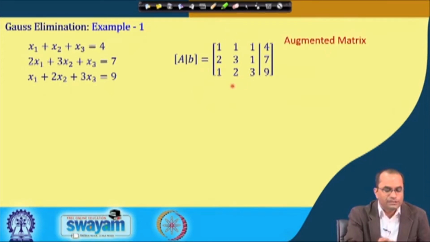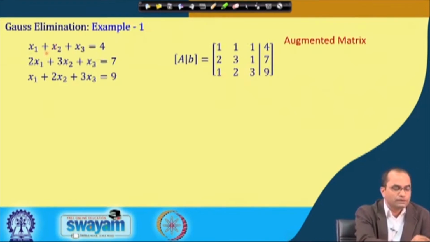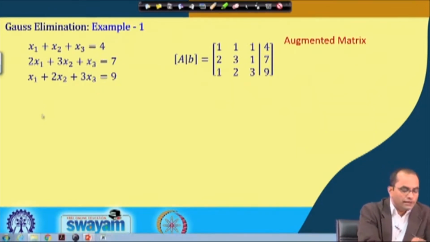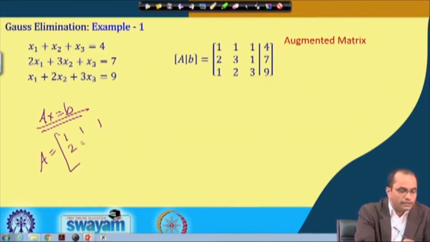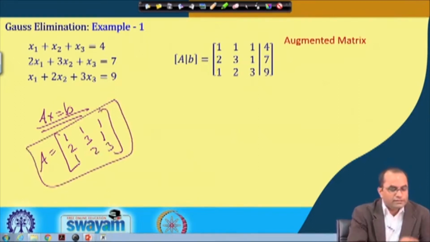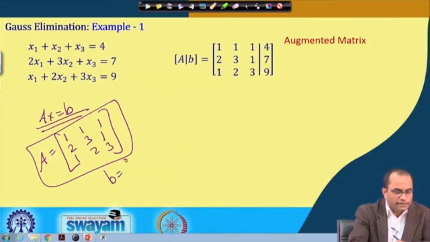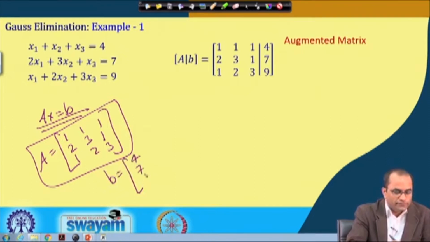We have the coefficient matrix, that is our matrix A. If we write down this system of equations in the form Ax equal to B, then A is in this case 1 1 1, then 2 3 1, and 1 2 3, and the right hand side vector is 4 7 9.